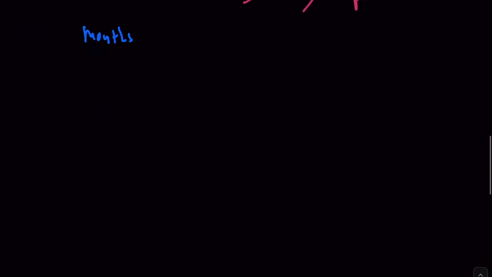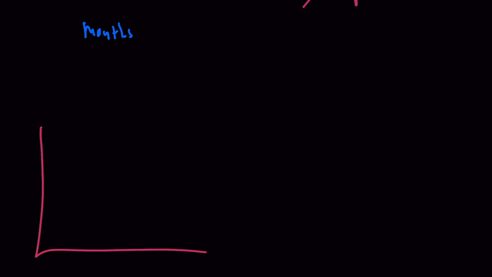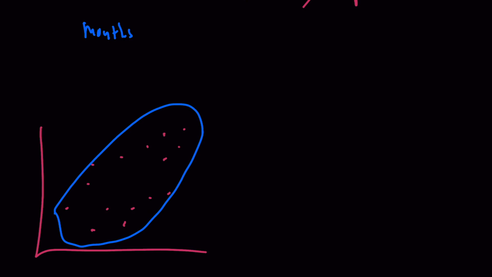All right, so if that's a strong positive, this one's a weak positive. Notice how overall it's kind of going up and to the right, but it's a lot more spread out.